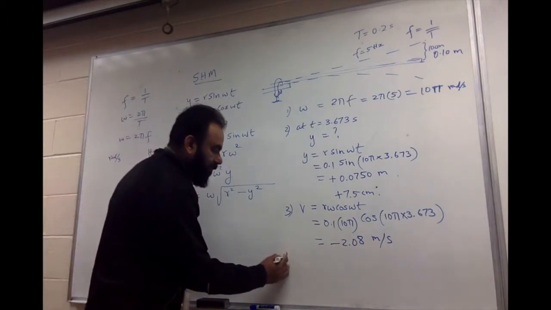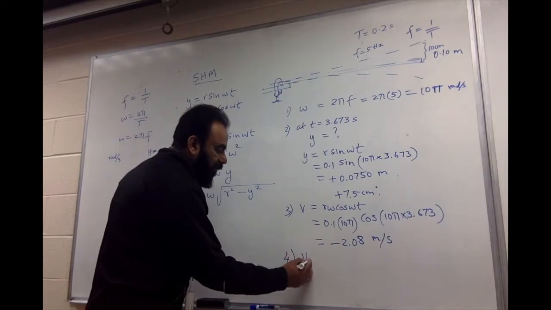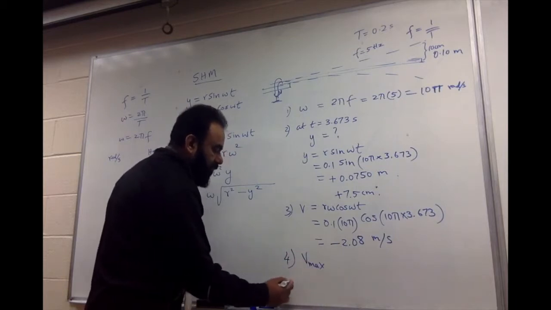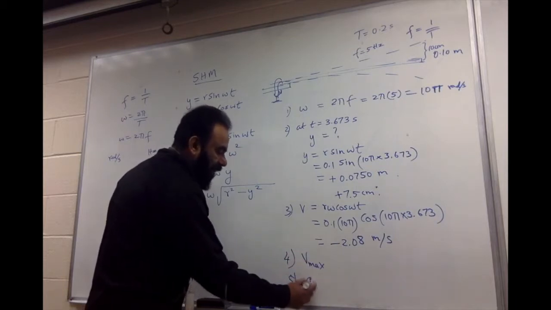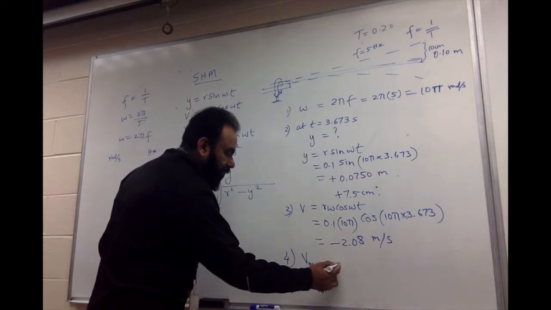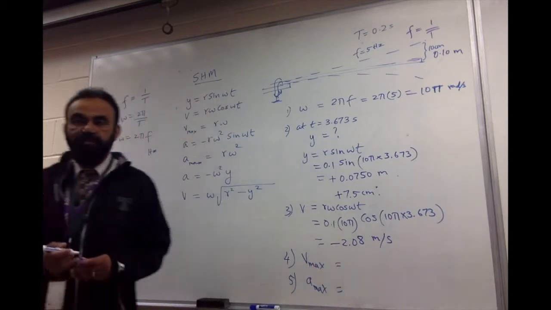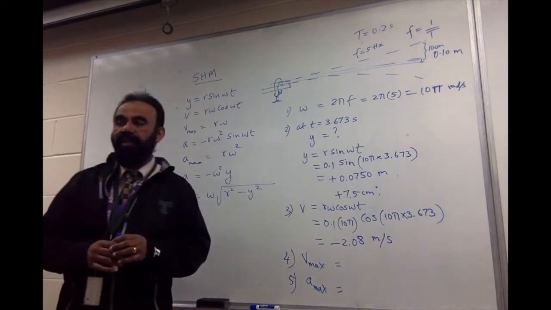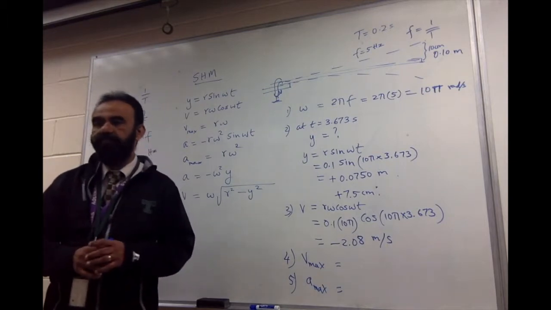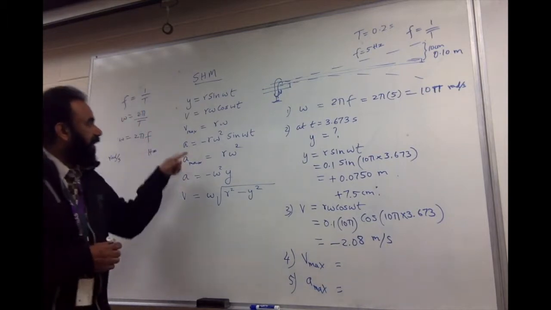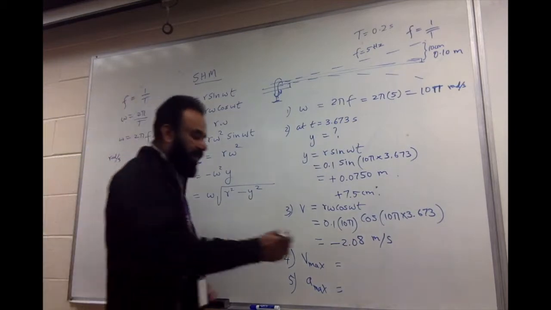What is V max, R omega, and what is A max? Do them all. Give me the answers. What is the V max and what is the A max? V max is R omega. So just plug it in.